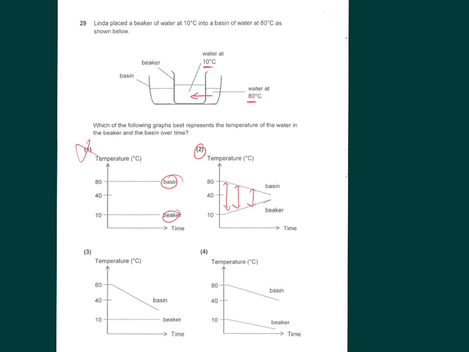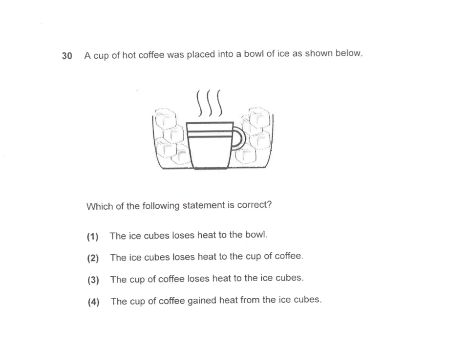So eventually, what will happen? Because this is placed in a room, the temperature in both cases might fall to 30 degrees. This is additional information in extension of the question. The other two options, I don't think we need to discuss. They are obviously wrong.